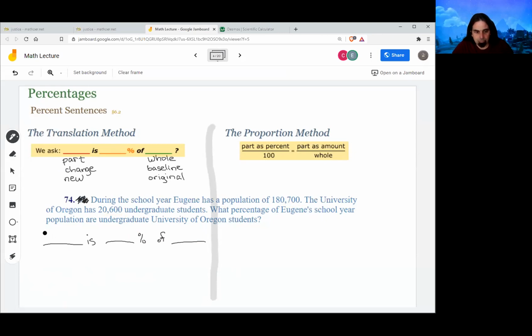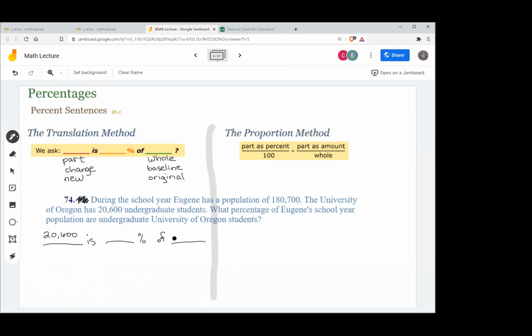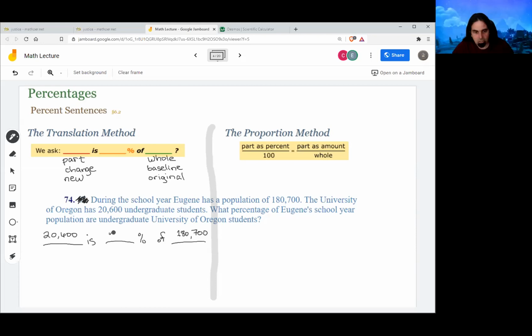20,600 goes in the first spot. Yes, that's the part. And the whole is 180,700. That's the whole. And then, so this must be what? So the way we could paraphrase this larger paragraph is: 20,600 is what percent of 180,700?